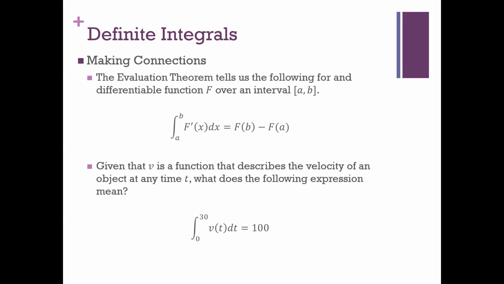So in this bottom example here, if I'm calling v a velocity, and I know what the velocity is at any time, and I'm looking to integrate that velocity over a 30-second interval, then what am I going to get? What is that 100 right there going to represent?